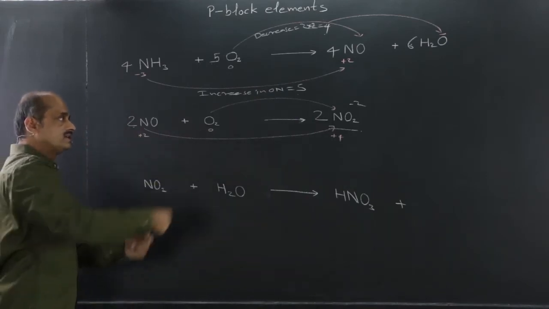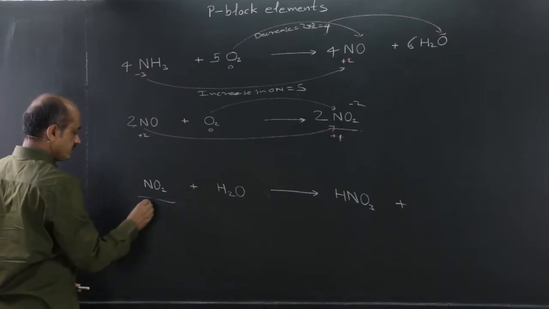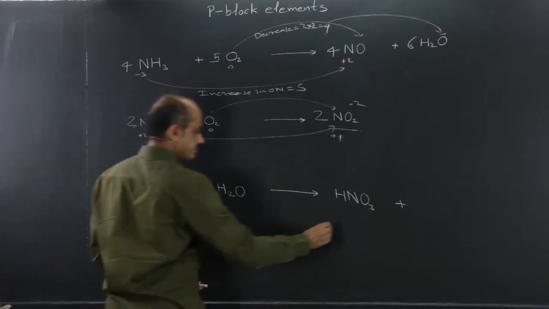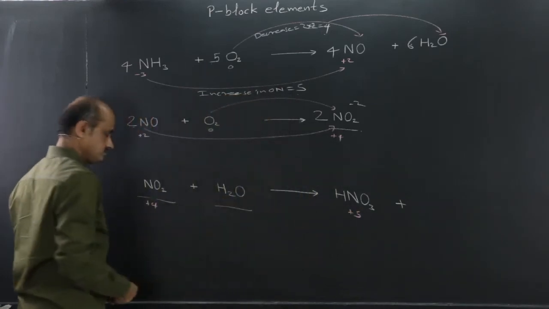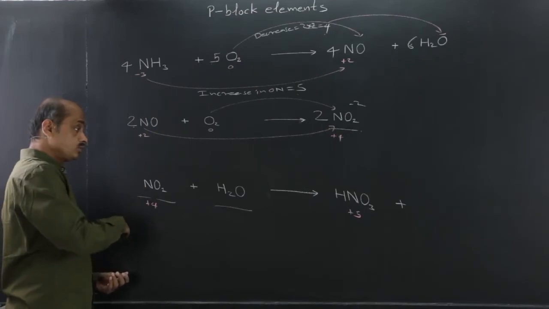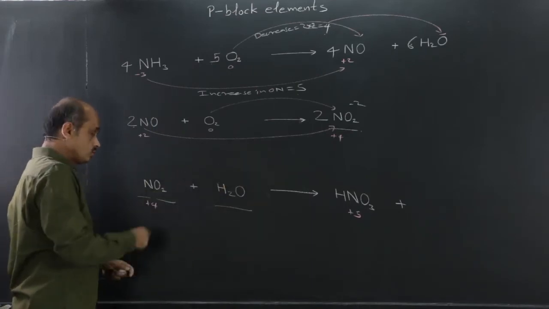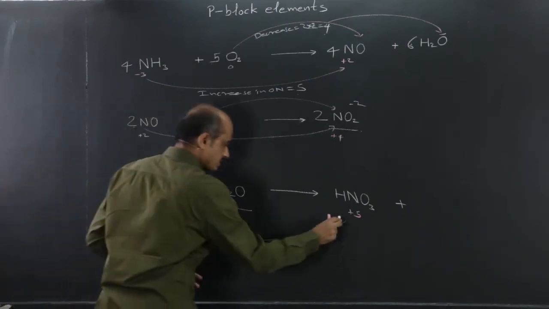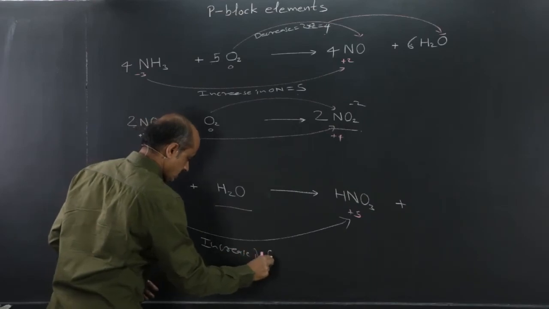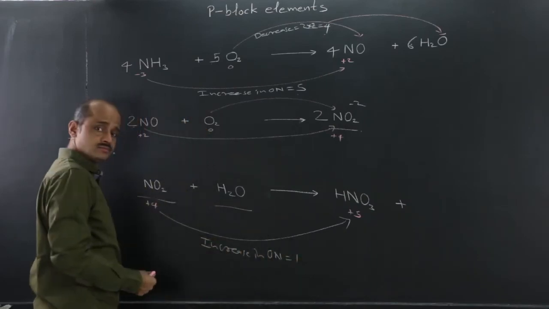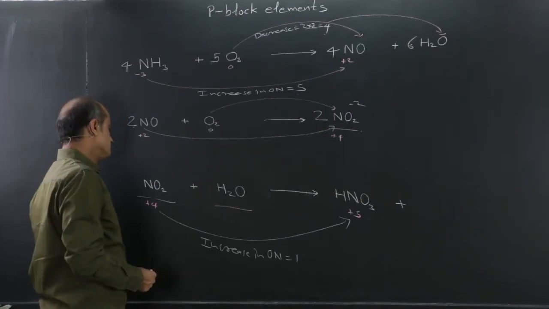And then this NO2 is reacted with water. The oxidation number is +4, and we get nitric acid. Now NO2 changes to nitric acid with water, means +4 changes to +5. So there is an increase in oxidation number by 1. Now there should be some species which undergoes a decrease in oxidation number.